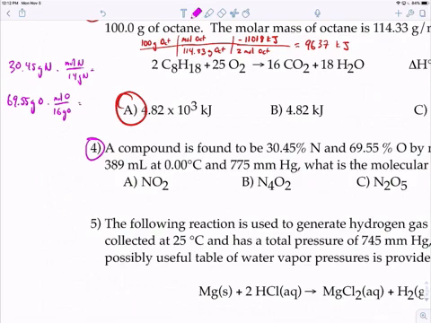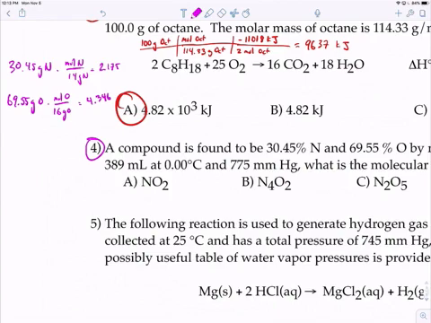Okay. 2.175 moles of nitrogen, and 69.55 divided by 16 is 4.346.